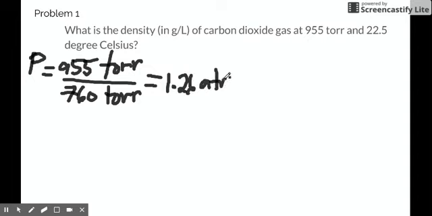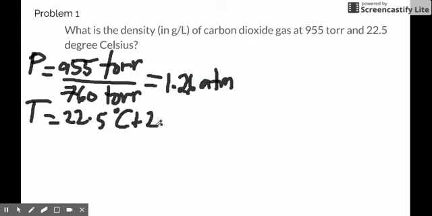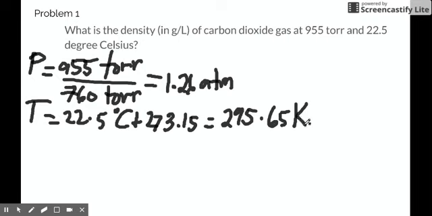So that's going to become 1.26 atmosphere. And then we have a temperature of 22.5 degrees Celsius plus 273.15, so we will get 295.65 Kelvin.